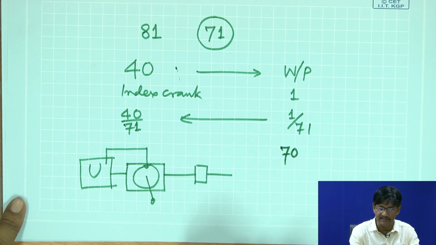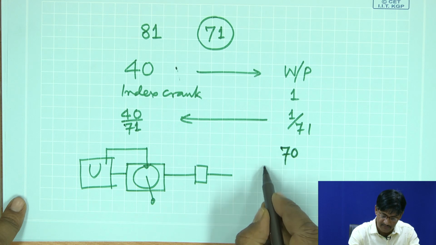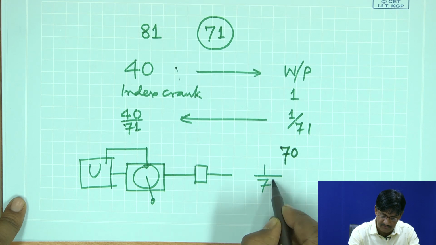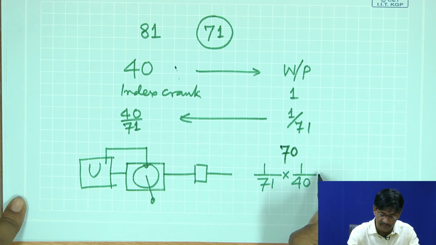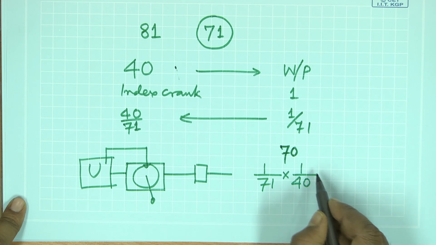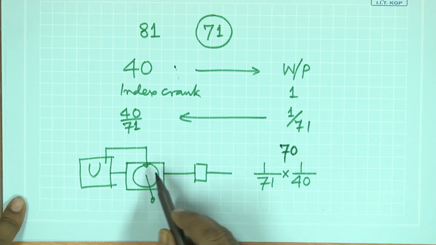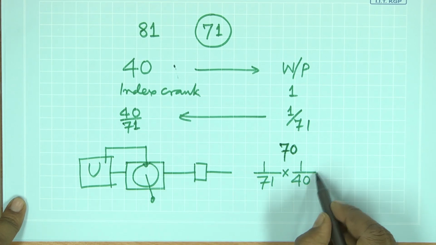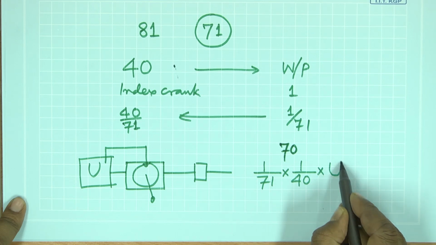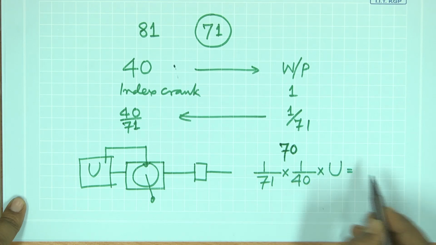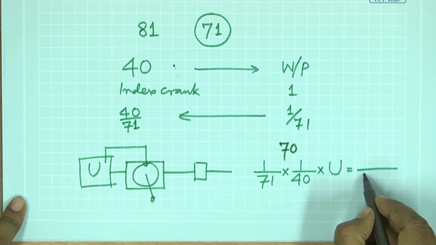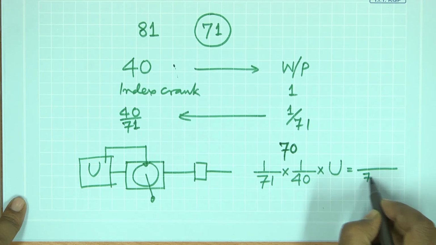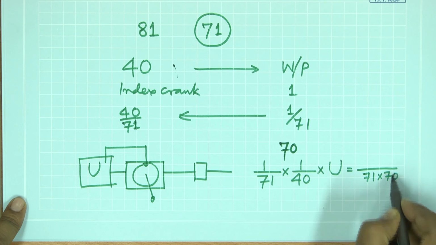So, suppose we are able to rotate by 1 by 71st of a rotation. In that case this gets reduced by 1 by 40 in the worm and worm gear mechanism, and when it is fed back, this is multiplied by u, and this will give you the differential motion of 1 by 70 minus 1 by 71, which is 1 over 71 into 70.